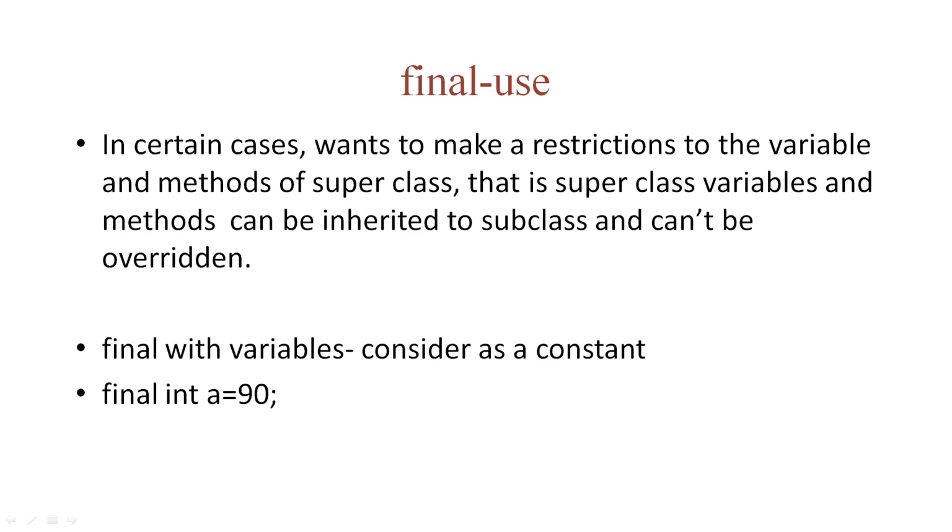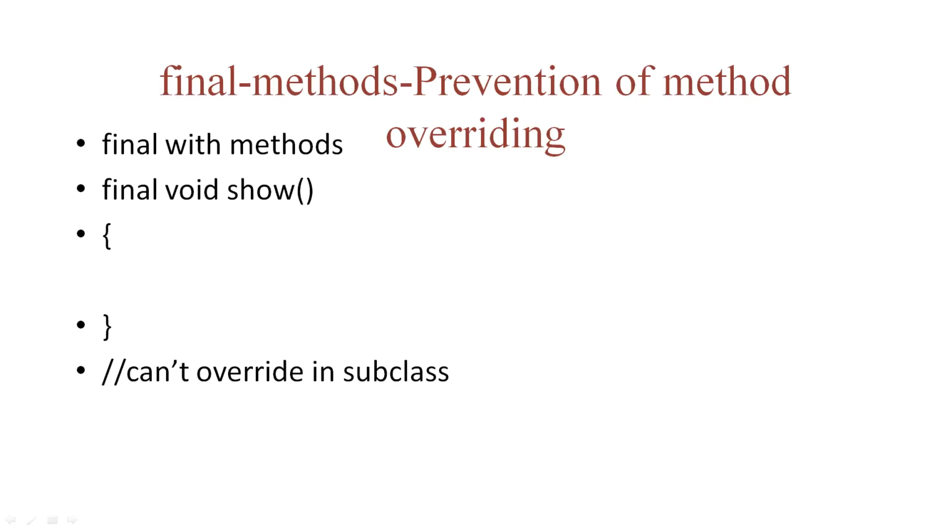Whenever we use final in front of a variable, we need to initialize a value also, and now the variable a will be considered a constant. Even if you try to modify this constant later, it will generate an error. So if you don't want to change a value in other classes, and you want to create your variable as a constant variable, then in front of your variable you can use the modifier called final.